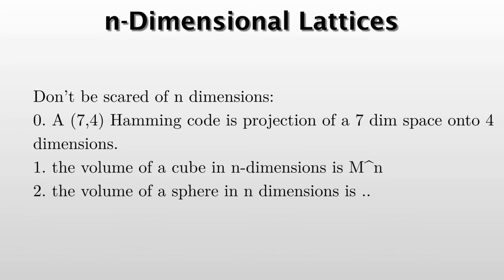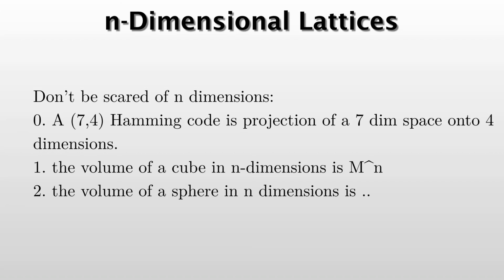So if you have a square of side length m, what's the area of that square? It's m squared. And what if you have a cube with side length m? In 3 dimensions, that's m times m times m, or m cubed. Well, we just keep on going into 4 dimensions. You can have a 4-dimensional cube, and that would have volume m to the 4th.